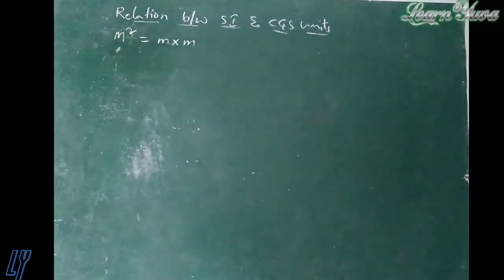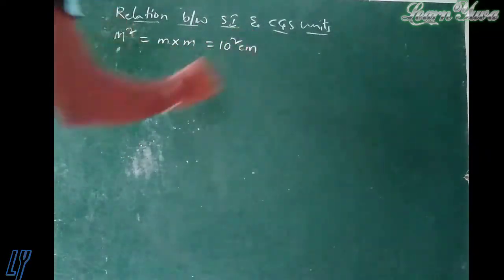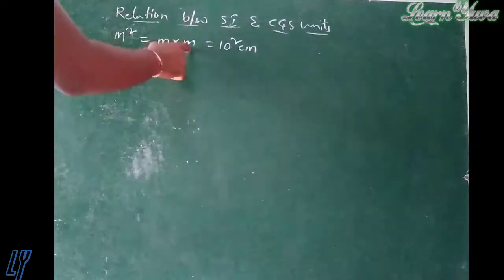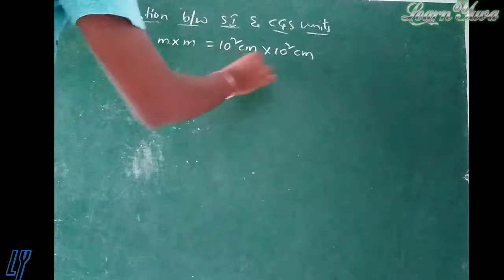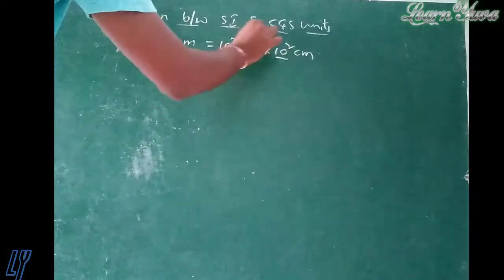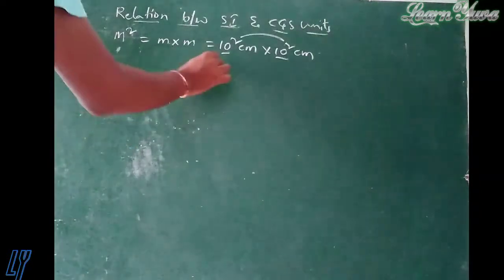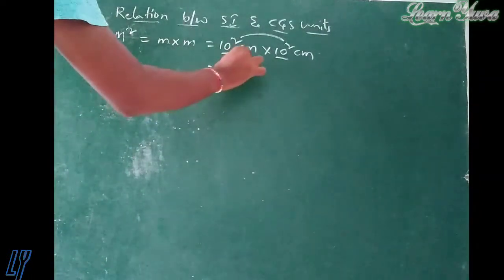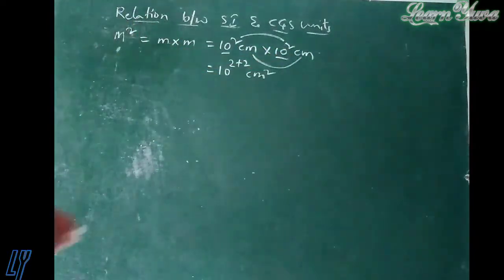1 meter is equal to 100 centimeter. 100 can be written as 10 square centimeter. When the bases are same, what happens to the power? Powers should be added. So 10 power 2 plus 2, centimeter into centimeter, centimeter square.